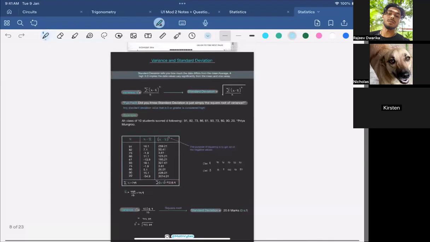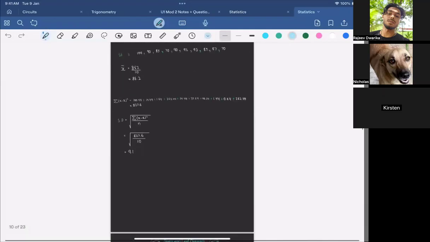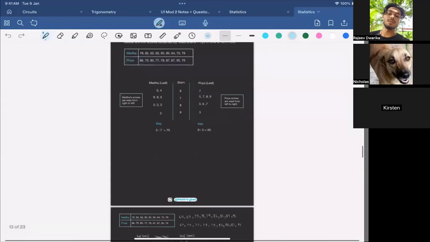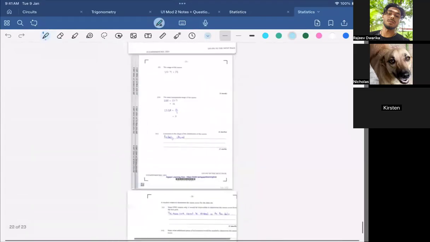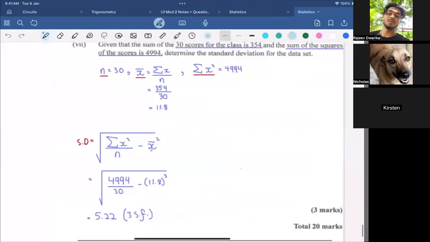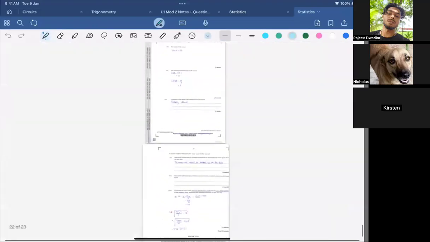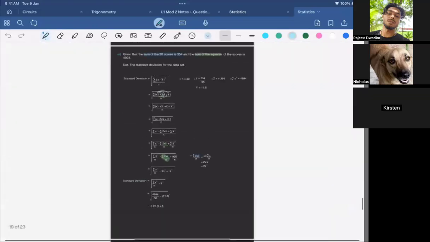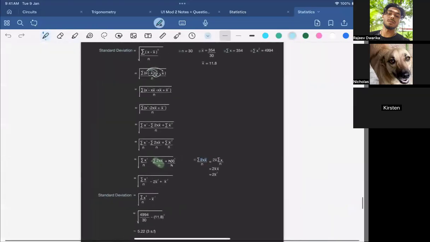And you had to remember formulas. Well, that's not a hard formula to remember. I don't know, maybe I was overlooking. Oh, look at this.